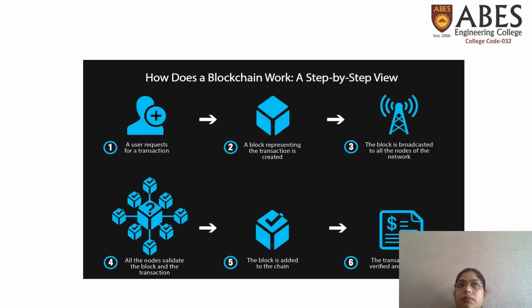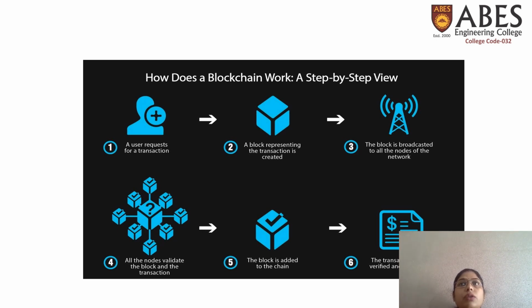Then that particular block, stating that I have requested to buy the car of John, needs verification that this car belongs to John and no one else is claiming that particular car, or claiming that this car has been purchased by them. So for that verification, the block will be broadcasted on the network. Then all the nodes validate the block and the transaction.